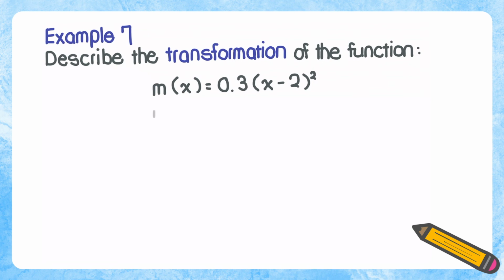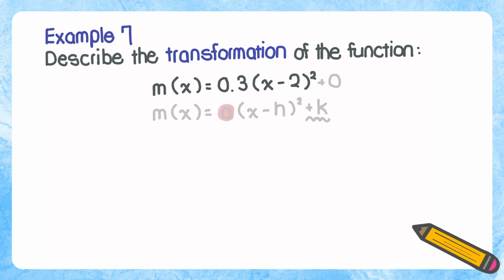When I write out the general form, m(x) = a(x - h)² + k, I'm missing the k parameter. But I can just use 0 to symbolize this emptiness.